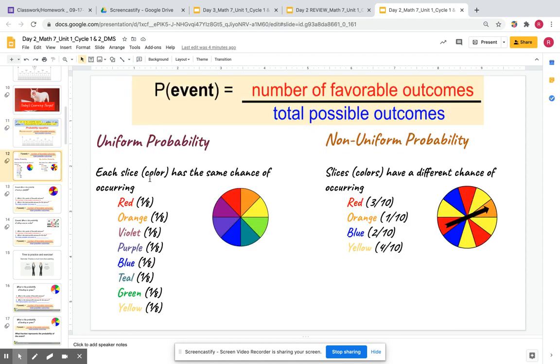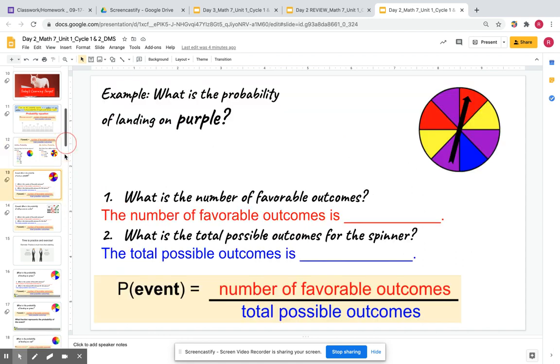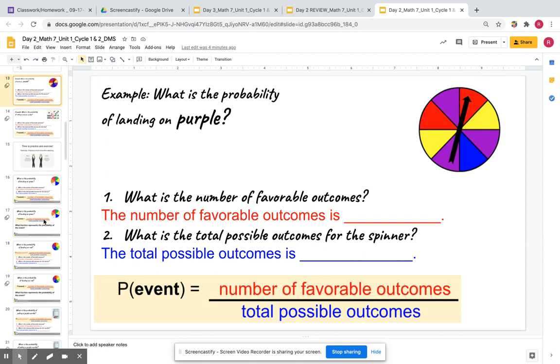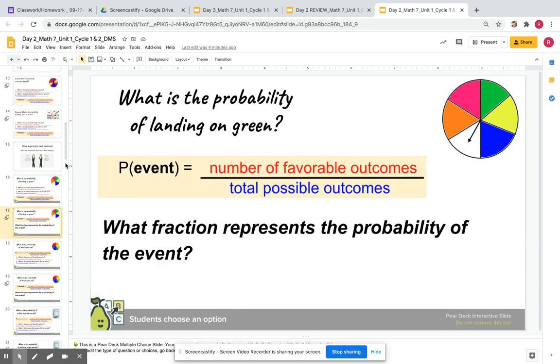So the type of events that you will encounter are uniform ones where everything has an even chance of winning. You also will encounter most often non-uniform where certain colors or events have a higher chance of occurring, basically of happening. So let me go ahead and go to an example because that's our goal today, to learn how to use this equation.